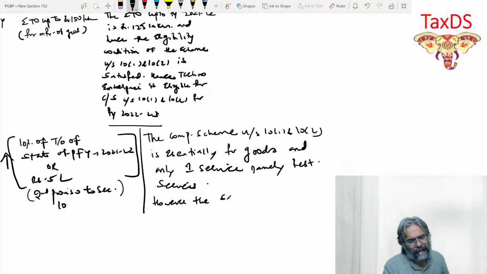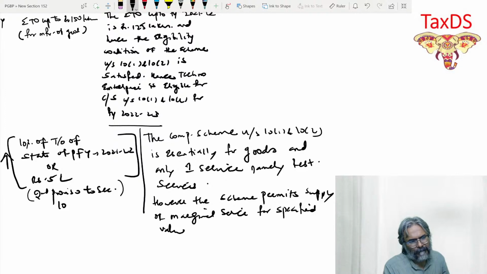However, the scheme permits supply of marginal service for specified value along with, what?